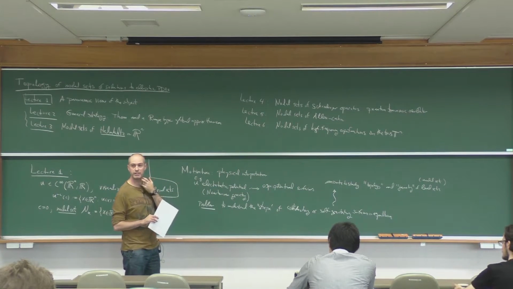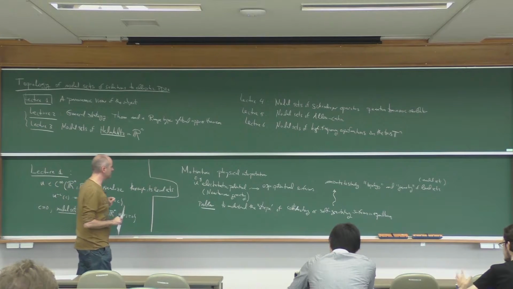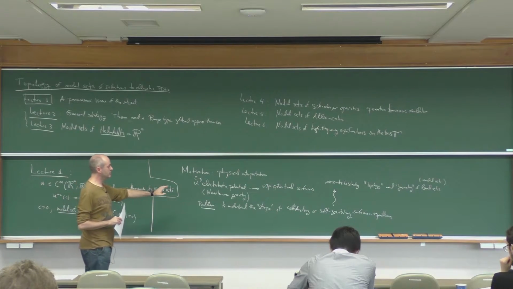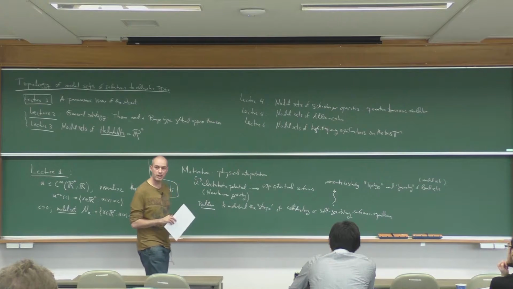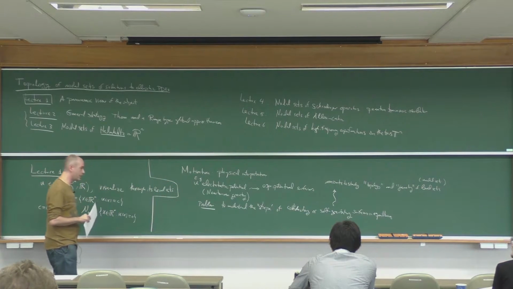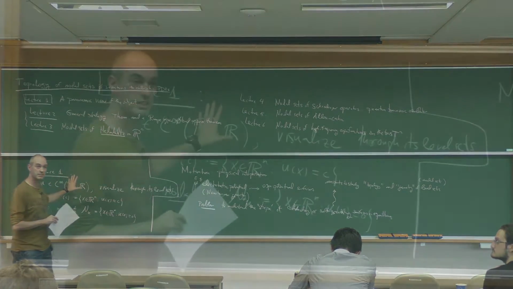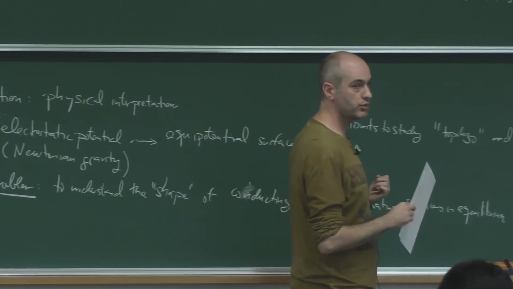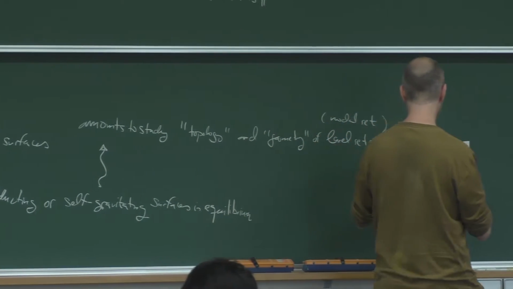There is a difficulty here, which is that usually the function that you want to study, this electrostatic potential or this Newtonian gravitational potential, is not any function. It's not a general function. It satisfies some PDE. So your function has a constraint.